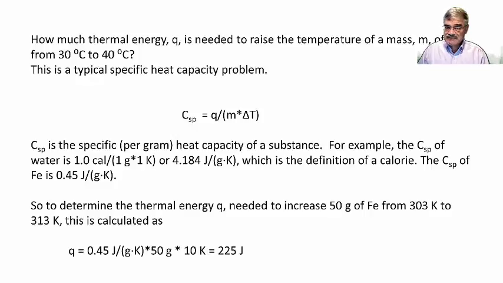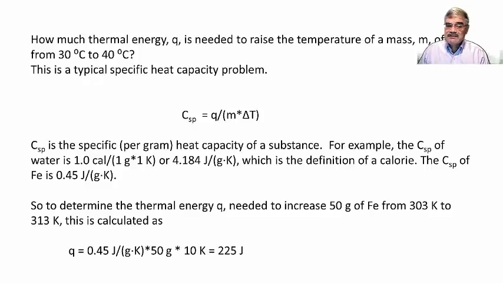For example, the specific heat capacity of water is embodied in the definition of a calorie. A calorie is the amount of thermal energy needed to elevate 1 gram of water 1 degree Kelvin, or 1 degree centigrade, because the step sizes are the same. That is 4.184 joules to elevate 1 gram or 1 milliliter of water 1 degree Kelvin.